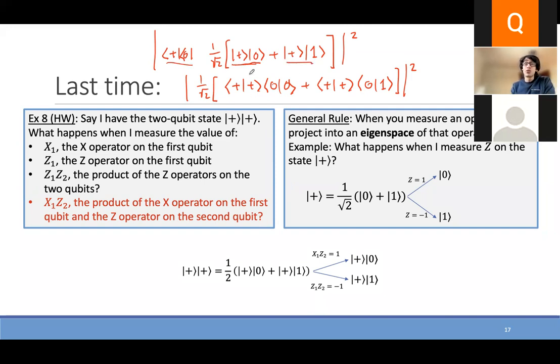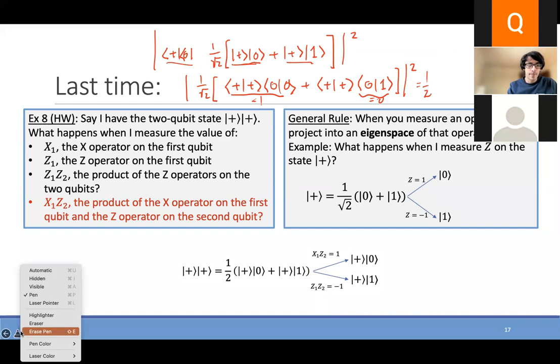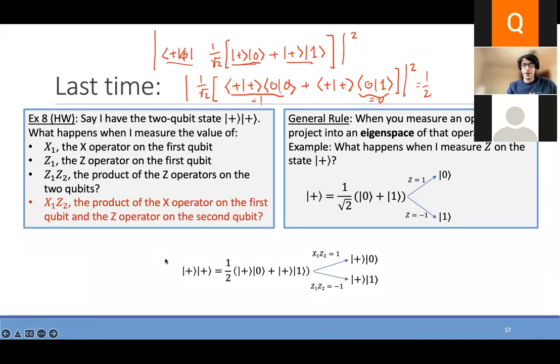So I've distributed it. And then the key thing to realize is that 0 inner product 1 is just equal to 0. So the second term is 0. And this term is equal to 1. So this just equals 1/2. Okay. So that's multi-qubit measurement.